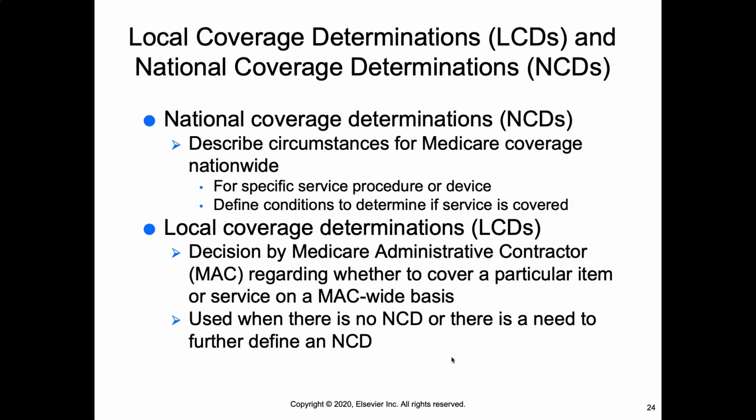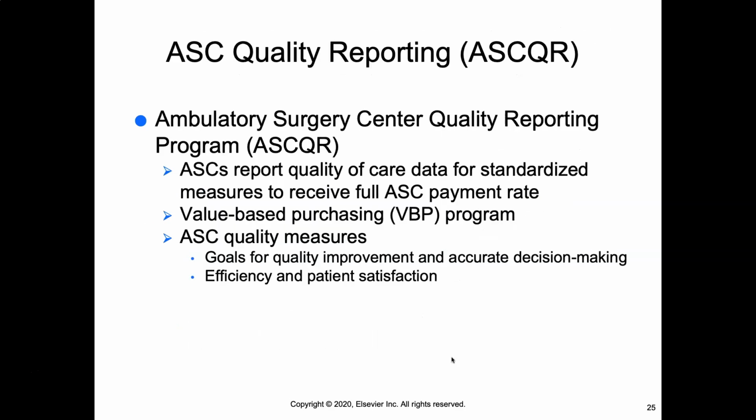So you may find that a MAC in one region is actually utilized by a MAC in a different region as well. But it's really important for us to know who our MAC is in the region that we're in if we're involved in coding and billing, and also know their website and know where to go to look for these LCDs.